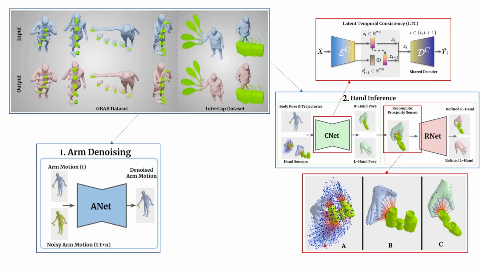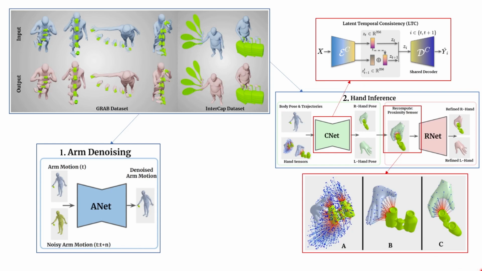A is an ambient sensor for detecting object's shape and proximity. B is a proximity sensor for fine-grained contact details, and C is a result of recomputing the proximity sensor values for RNet. Grip was evaluated on datasets like GRAB and ARCTIC and demonstrated superior performance.